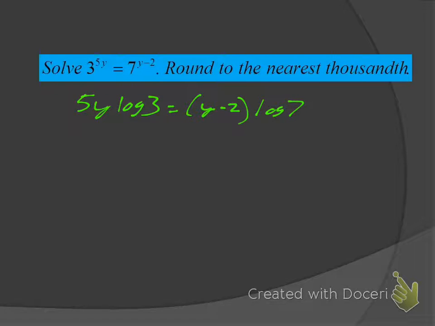So your next step is distribute the log. 5y log 3 equals y log 7 minus 2 times log of 7. Write it like that. Don't write log 7y, because then I think you're taking the log of the variable, and it won't happen that way.